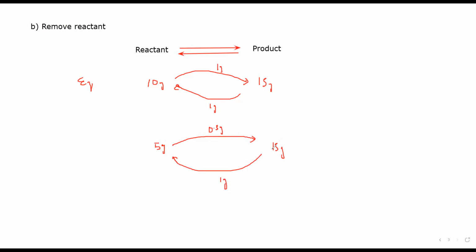So which side is the equilibrium or the balance shifted if we remove reactant? It is shifted towards the left hand side.